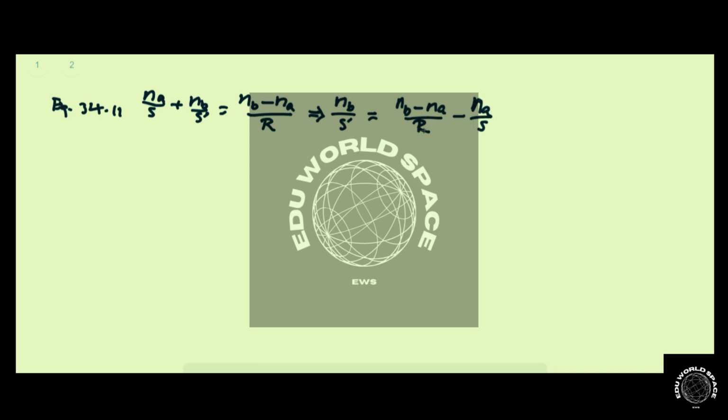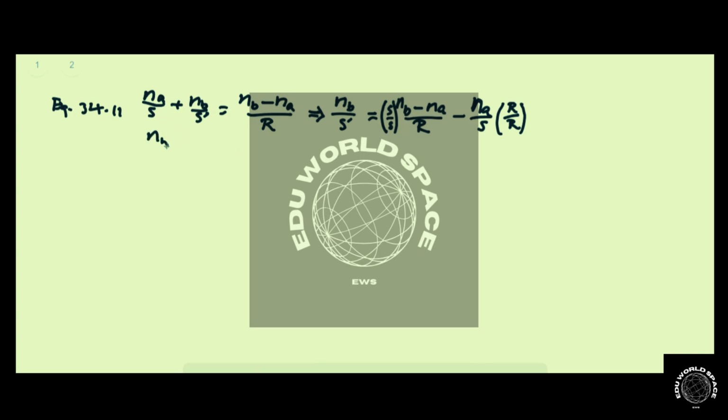Okay, and let's put this whole thing over common denominators. So on this side, let me multiply by S over S, which is nothing more than multiplying by 1. And on this side, let me multiply by R over R, which is also a multiplication by 1.